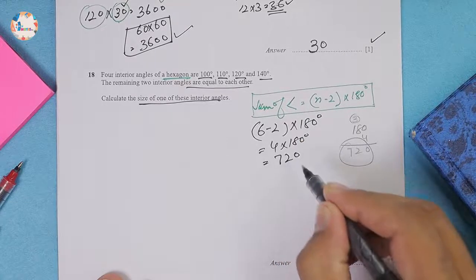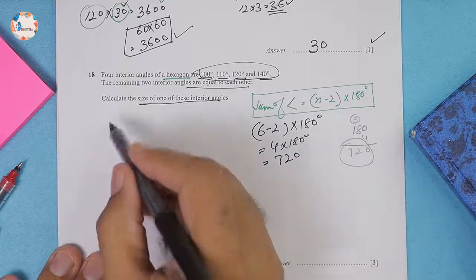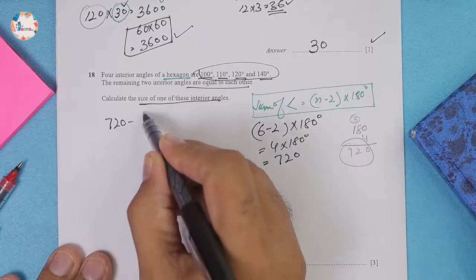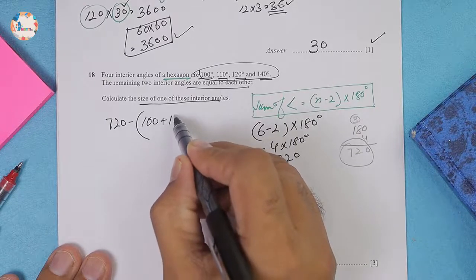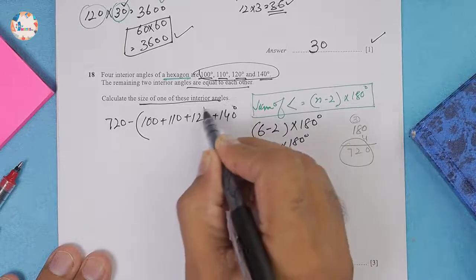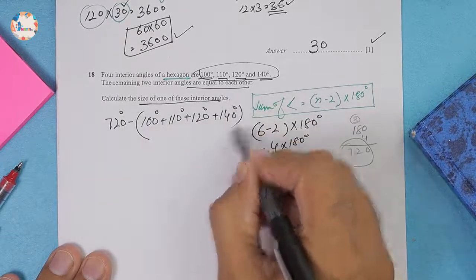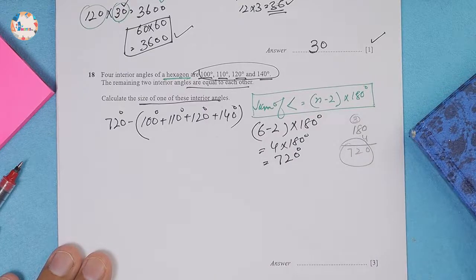So out of 720, these 4 angles are provided. So we will write 720 minus the sum of all these angles: 100 plus 110 plus 120 plus 140 degrees. These angles we will be subtracting from 720.